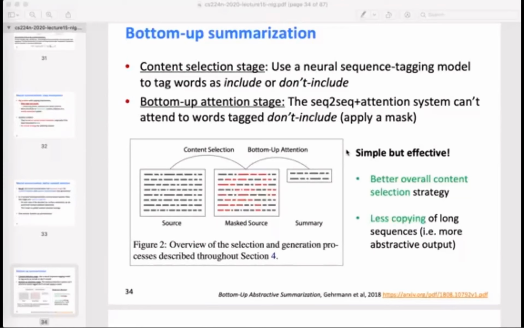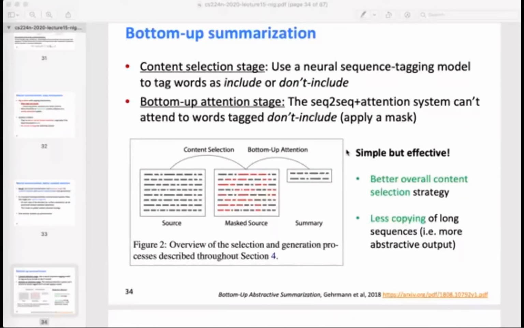They used a neural sequence tagging model to tag words as include and don't include. And then they would use this bottom-up attention stage. The sequence-to-sequence attention system can only attend to words not tagged as don't include. So basically, they're applying a mask, and the attention cannot be put on the masked words.